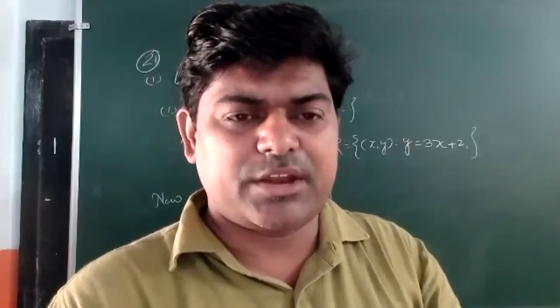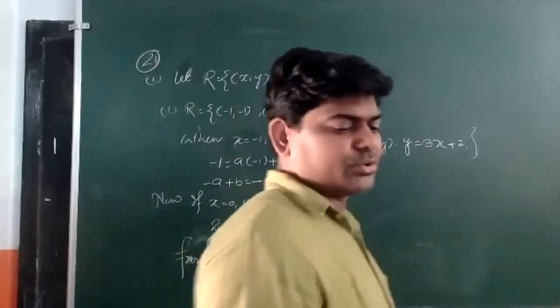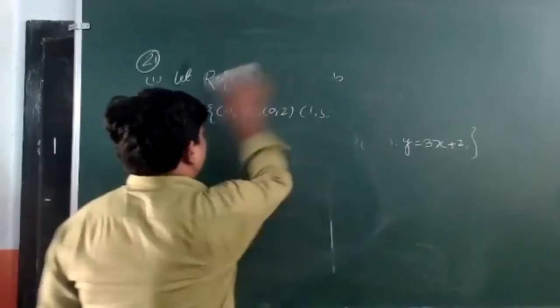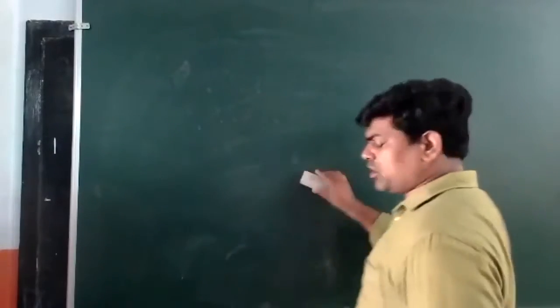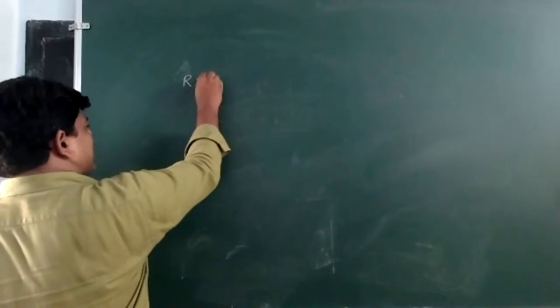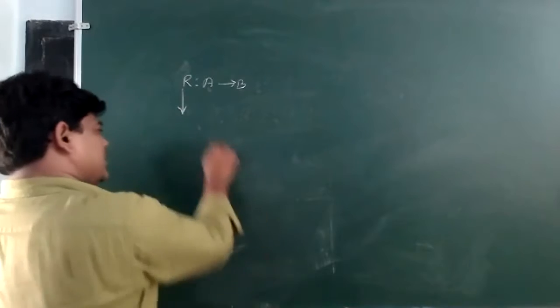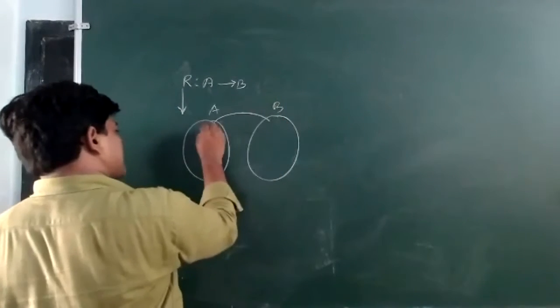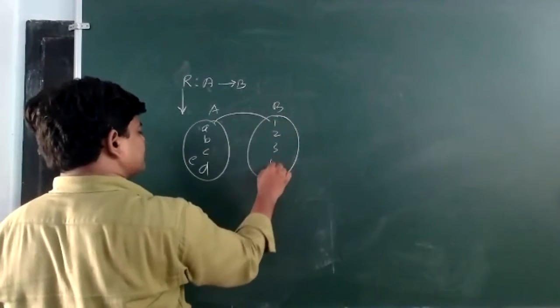If a relation R is defined from A to B, as I wrote on the previous page, then this R will be called a function if every element of A has a unique image in B. Suppose this is A and this is B, and I'm having A, B, C, D, E and 1, 2, 3, 4, 5.